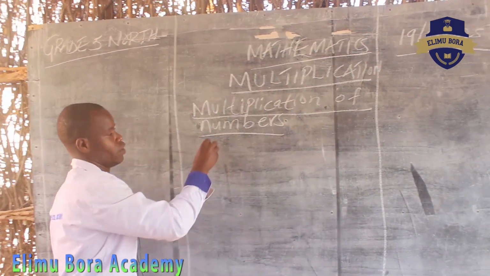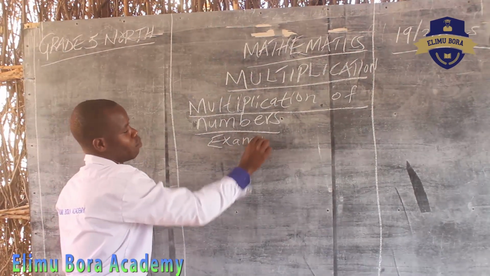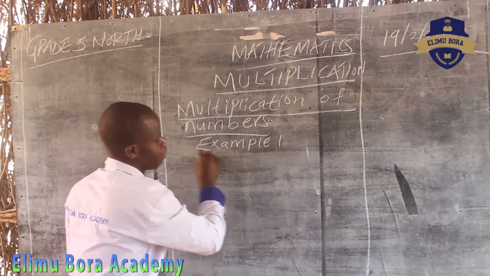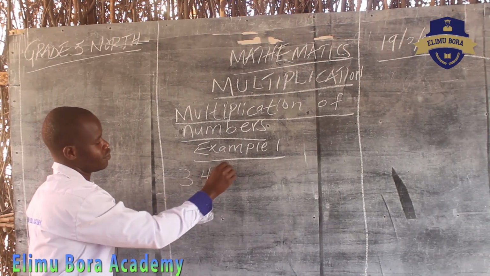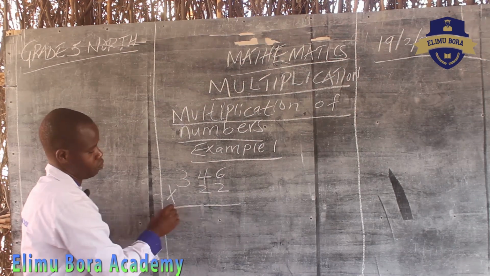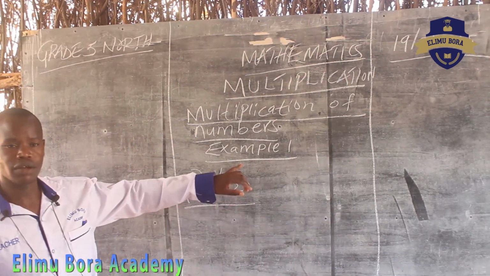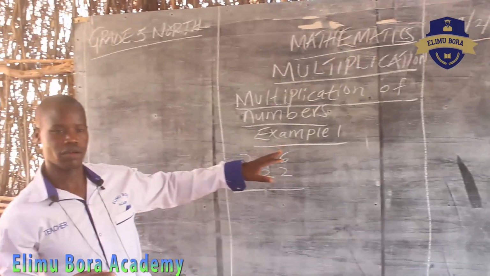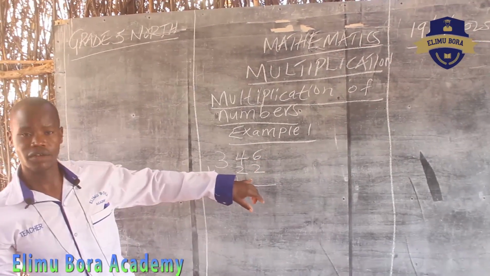So when you have been given the first example, let's look at example 1. You have been given 346 and you are supposed to multiply by 22. So we have this number here. Can you read this digit here? 346 multiply by 22.